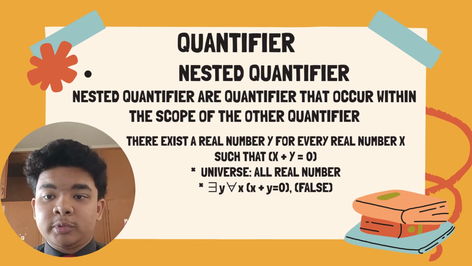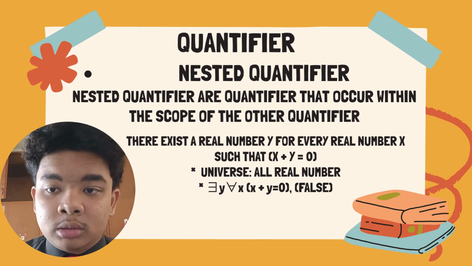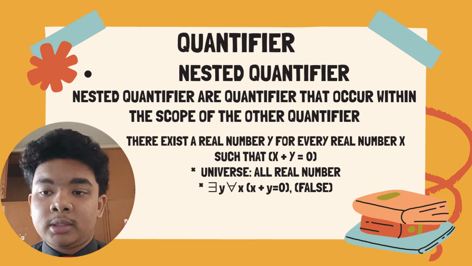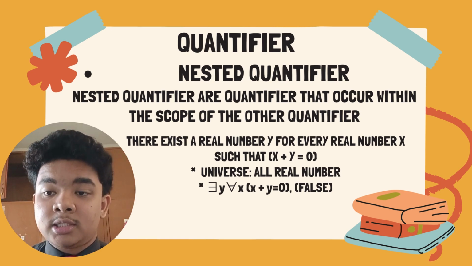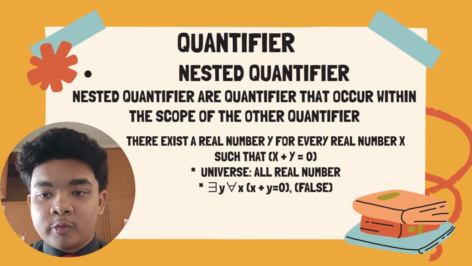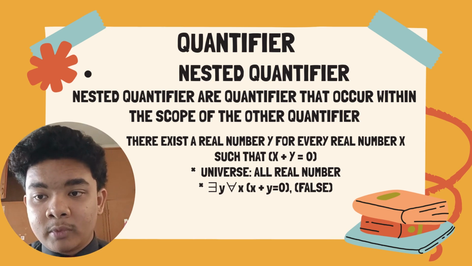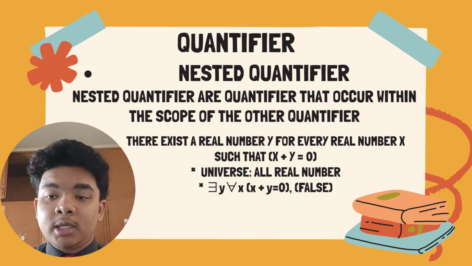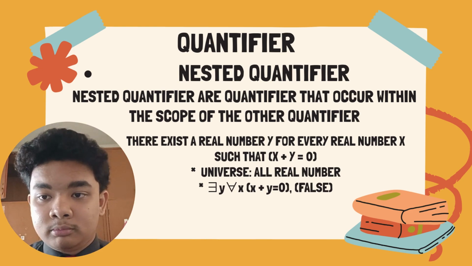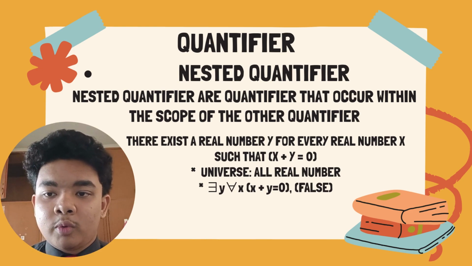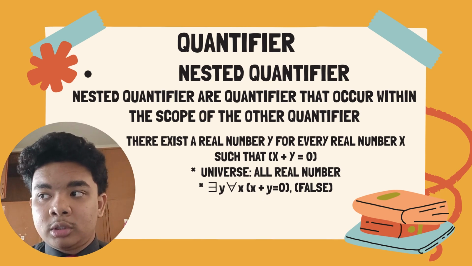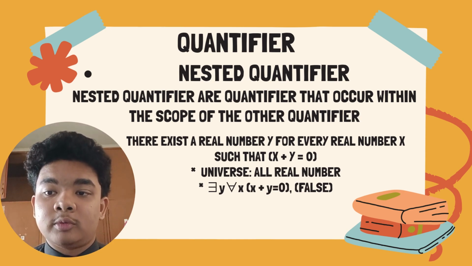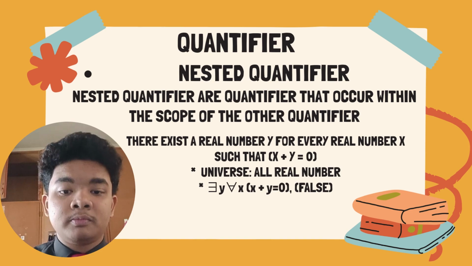The answer is false because not every x can be used in the equation to get the answer 0. For example, if we put x as 1 and y as 0, we do not get 0, because 1 plus 0 is not equal to 0. That's the example for why the statement is false.